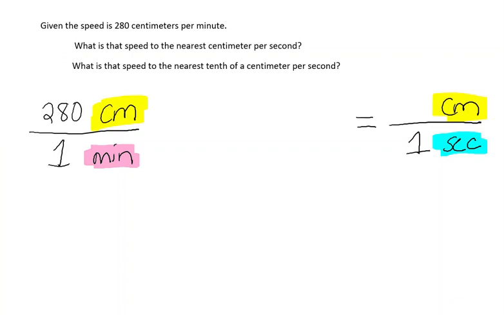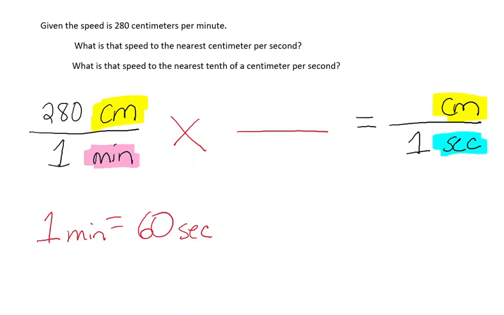So that's where we need to come up with a conversion factor that would allow me to convert minutes to seconds. So I need to figure out what is the equivalency between minutes and seconds. 1 minute is greater than a second, and there are 60 seconds in 1 minute.